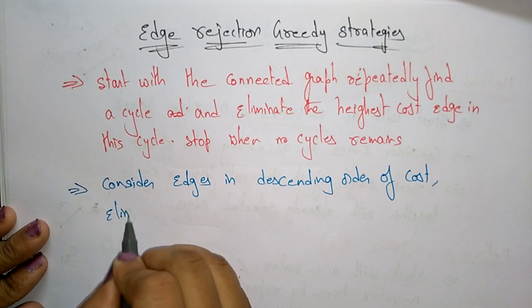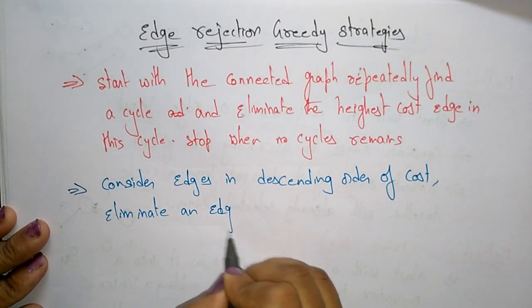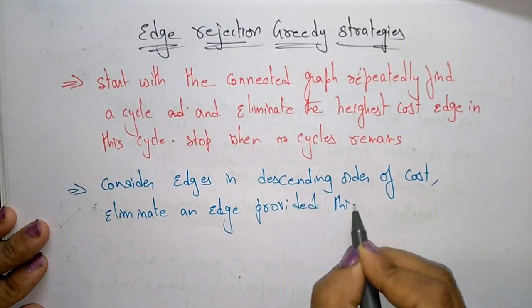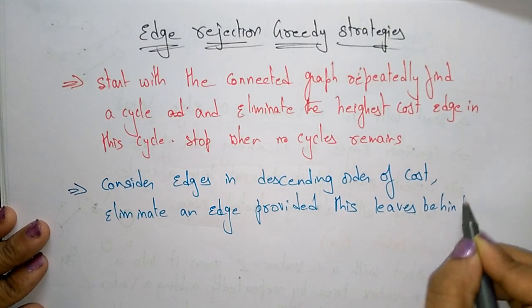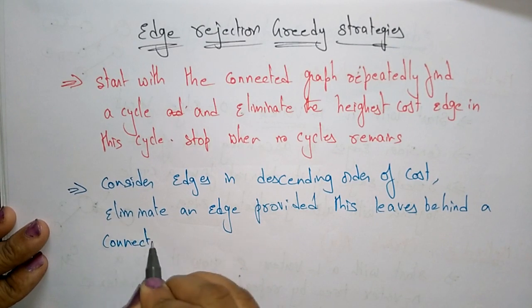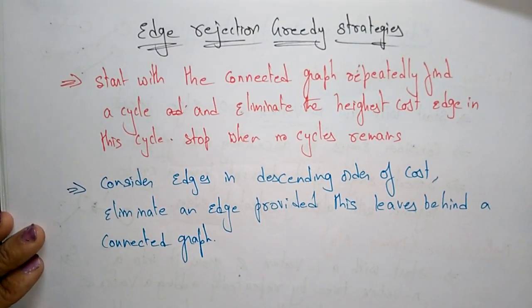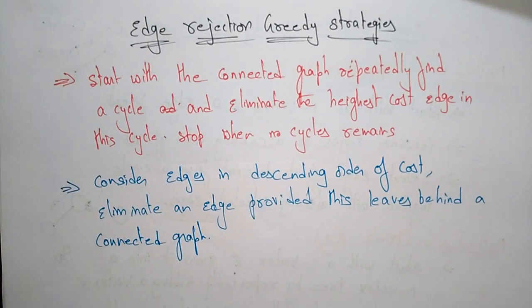Then you eliminate an edge, provided this leaves behind a connected graph. So these are the two techniques you have to follow when you want to reject an edge by using the greedy strategies. In the next video I'll explain with examples. Thank you.